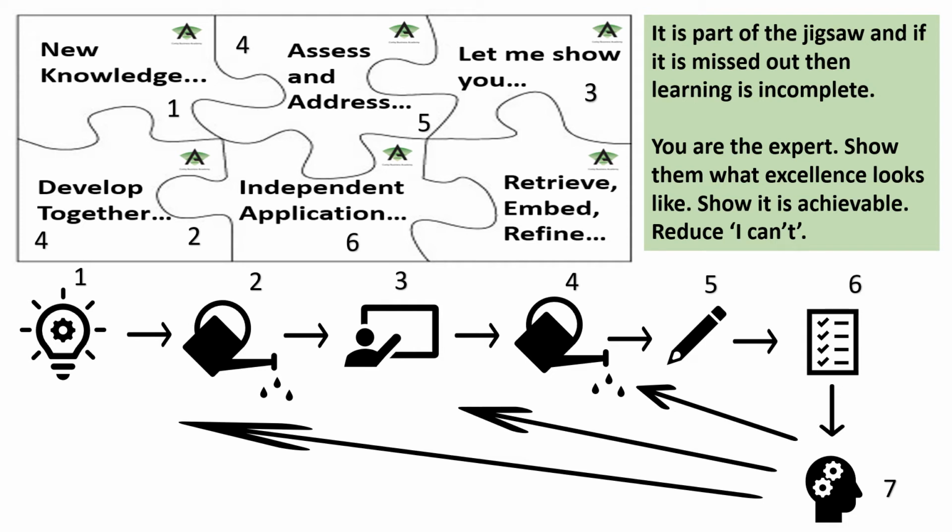And then we're doing retrieve, embed and refine finally to decide how well that knowledge has been acquired, what further development is needed. And as you can see, the arrows might take you back to a different point in the process, a different place in the jigsaw. Okay, but the developing together, assess and address, and let me show you will all include elements of modelling if we're doing these things in a highly effective way.